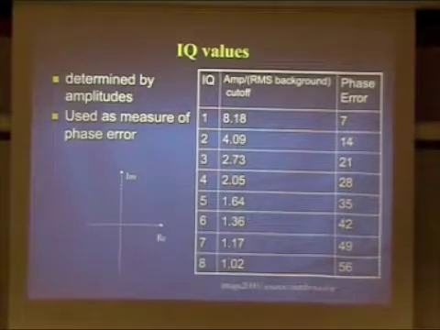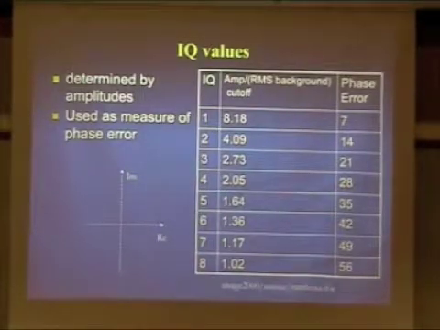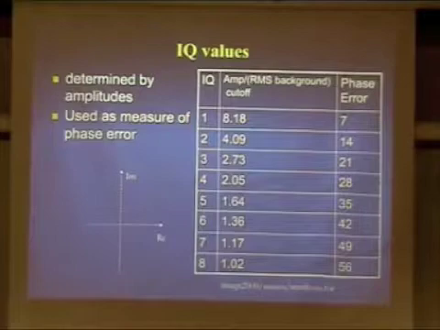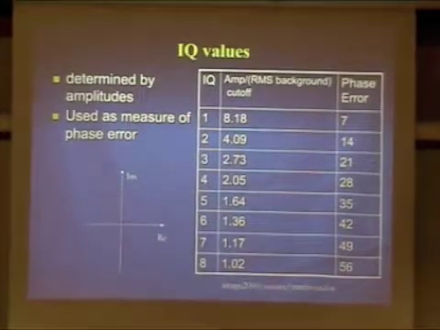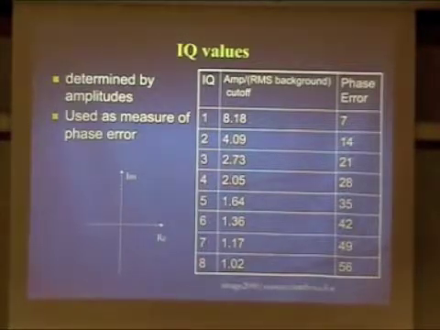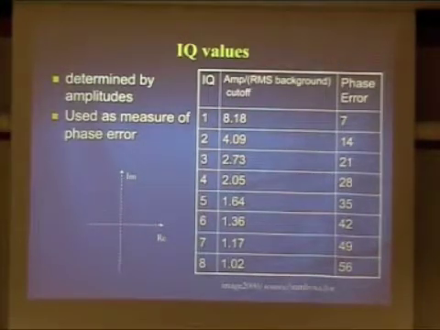Okay. Now, on the output, other than the amplitude and the phase and your indexes, there is a term called the IQ value. The IQ value was developed so that it's easy to categorize the different significance levels of your data, by the phase error.